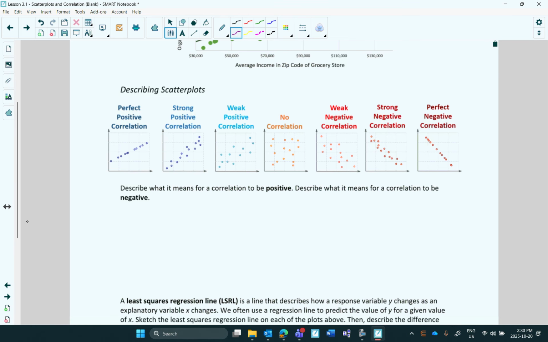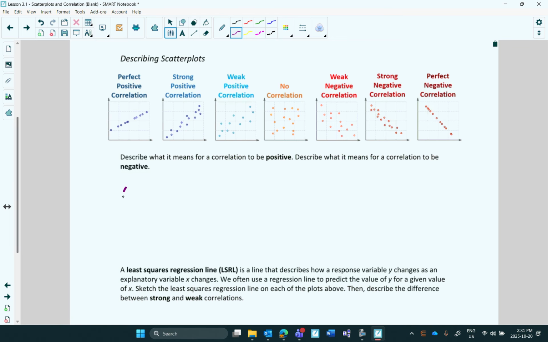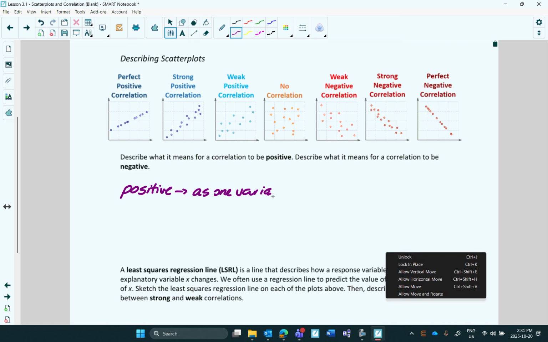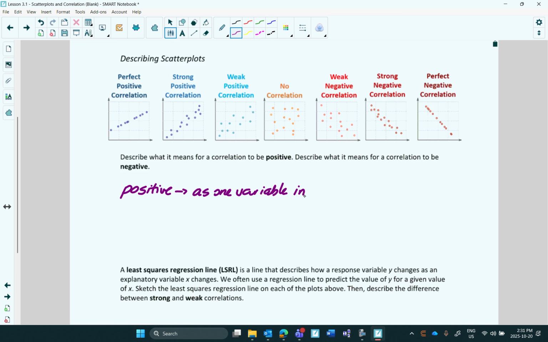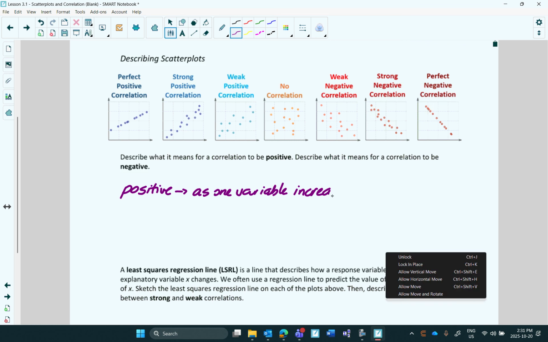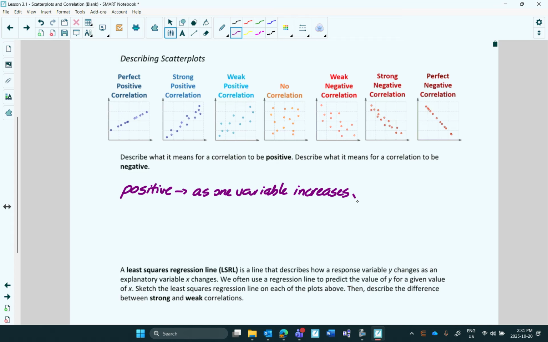So, to be positive, as one variable increases, so does the other, which is what we see in this example.